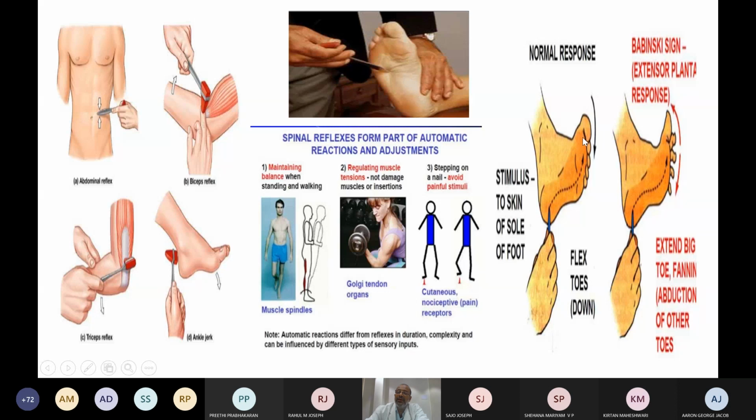What you get with that application of the stroke is plantar flexion of the great toe and plantar flexion of the other toes. That is, the plantar flexor response is read as a normal response. If it is upgoing, that is the great toe moving upwards, that is a plantar extensor response, and fanning out of the other toes constitutes an abnormal reflex, called Babinski's sign.